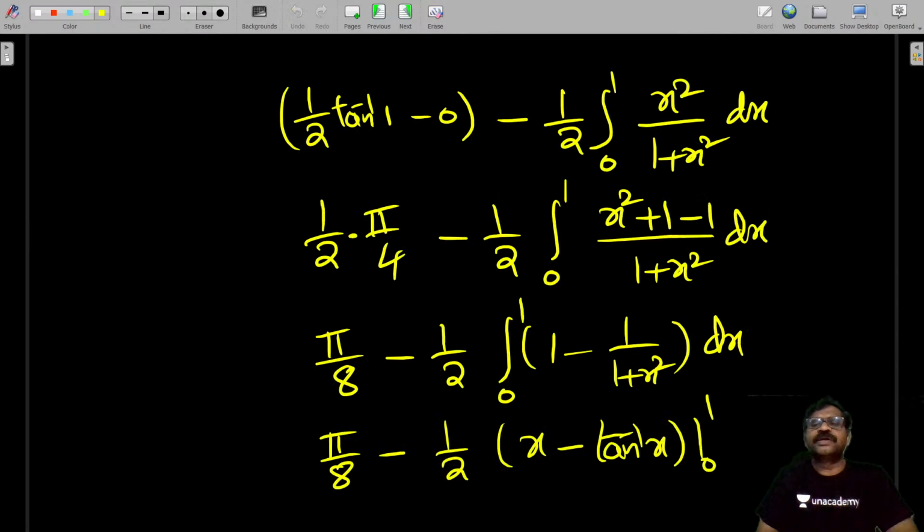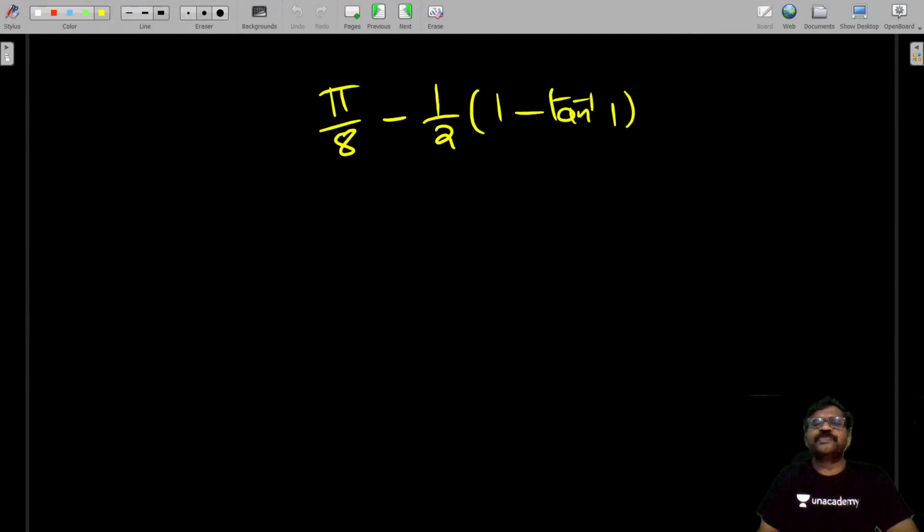What about the lower limit? If you substitute the lower limit, anyhow it is 0. Now simplify this: pi by 8 minus 1 by 2 plus 1 by 2 into tan inverse 1.